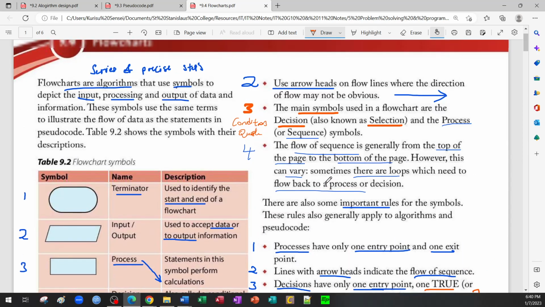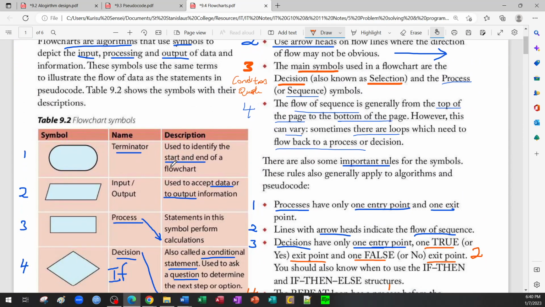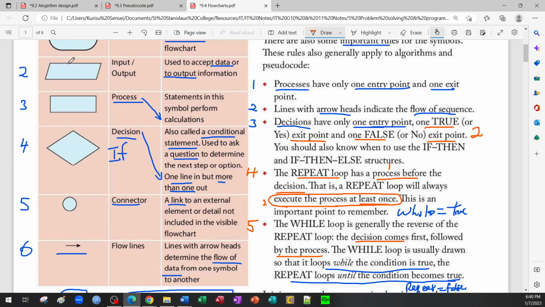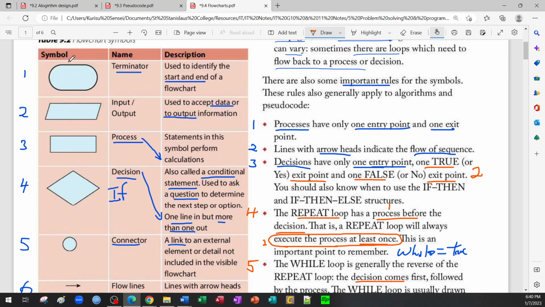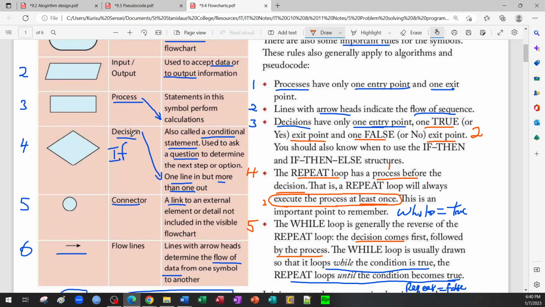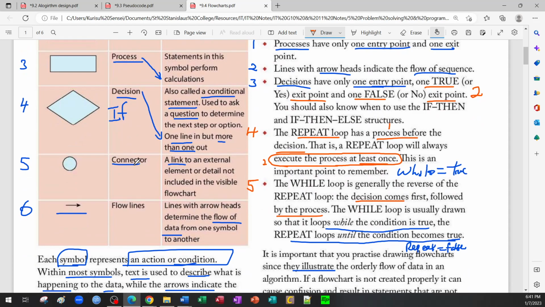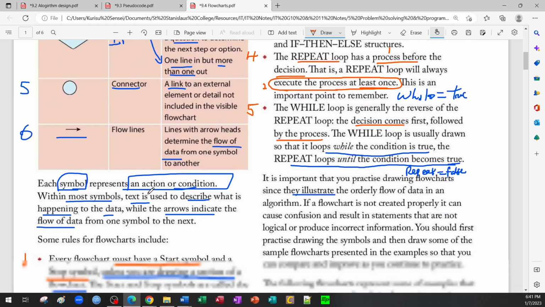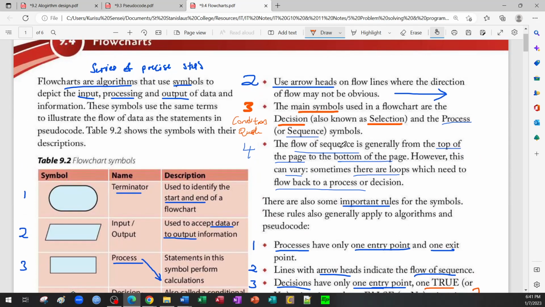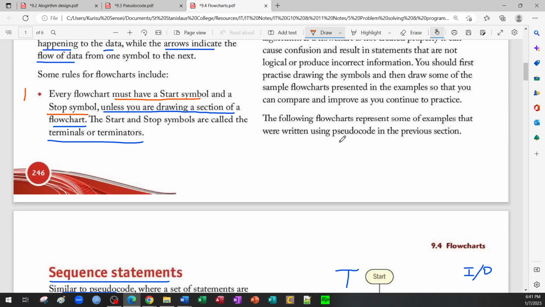To wrap up what we covered today, we looked at 6 symbols that you must remember: what the symbols look like and how to draw them. An oval is a terminator, parallelogram is input-output, rectangle is process, diamond is decision, circle is connector, and a line with the arrowhead is called a flow line. We looked at various rules that you need to remember.